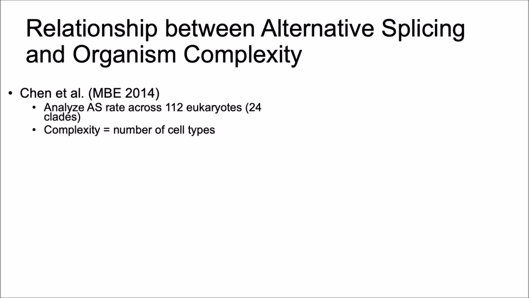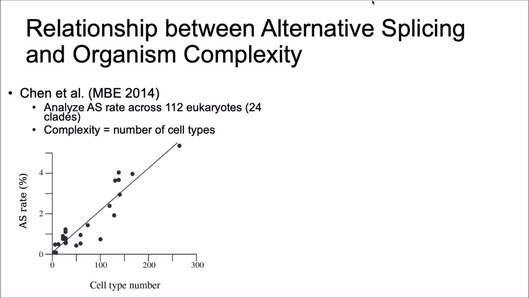As a proxy of organism complexity, they measured the number of different cell types in an organism. What they observed is a very strong correlation between the average rate of alternative splicing across genes in the genome and the number of cell types in the organism. So more complex organisms show a higher rate of alternative splicing.